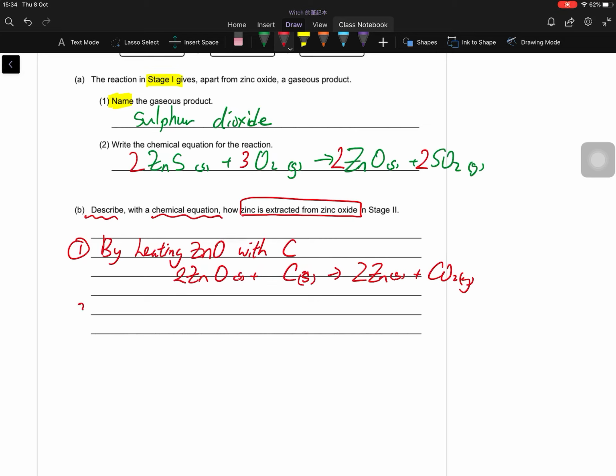Very good. The second one is by heating zinc oxide with CO. Then the equation will be even simpler than before.